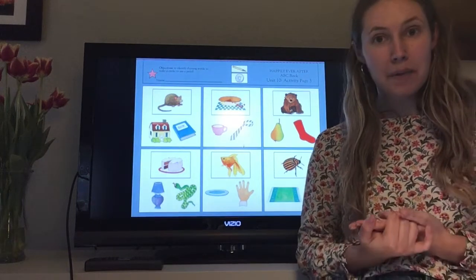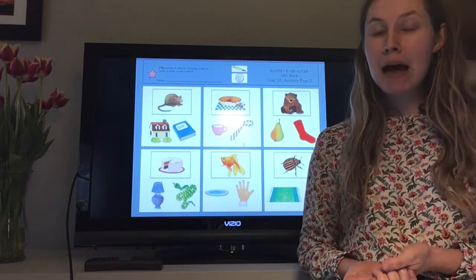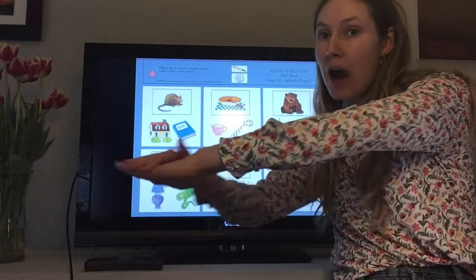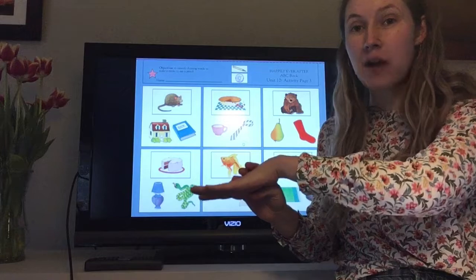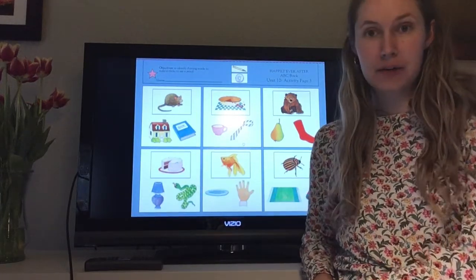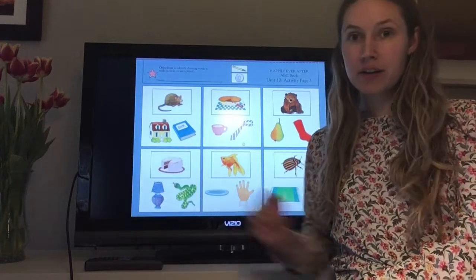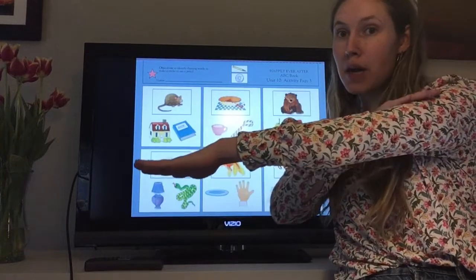So we need to think about which word rhymes with mouse. Mouse ends in the ouse sound. Ouse. Ouse. So we're looking for the ouse sound. Which word makes the ouse sound at the end? Is it house or book? Let's sound them out. Ouse.